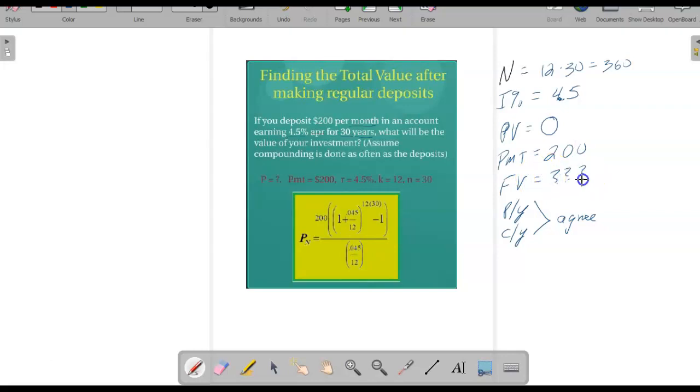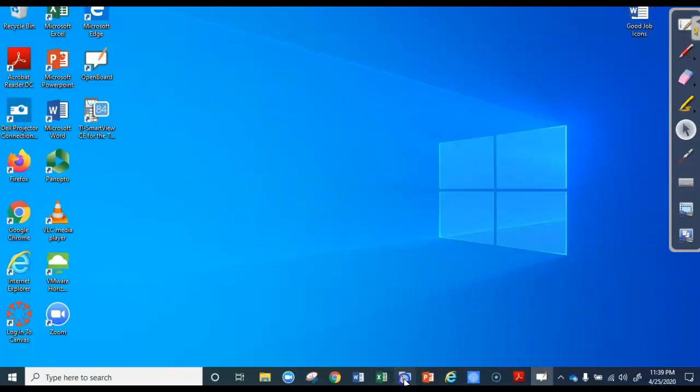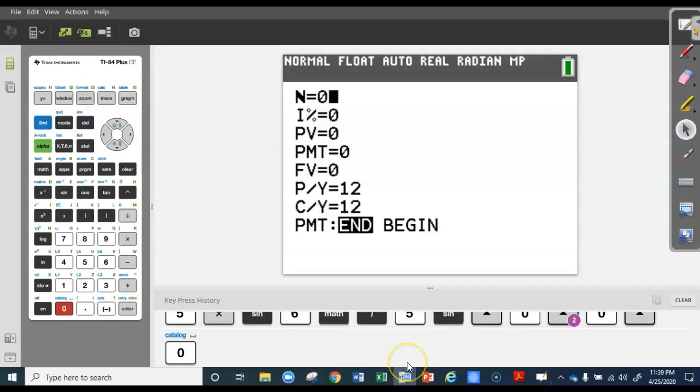Okay, so let's get out that TVM Solver, and I'm going to pop that up. Let's just back up a little bit and see how I got to that solver.